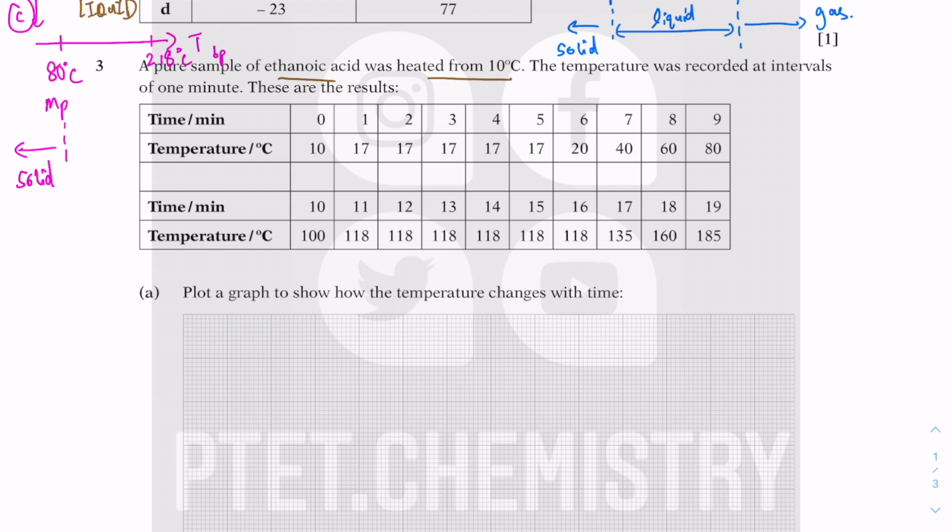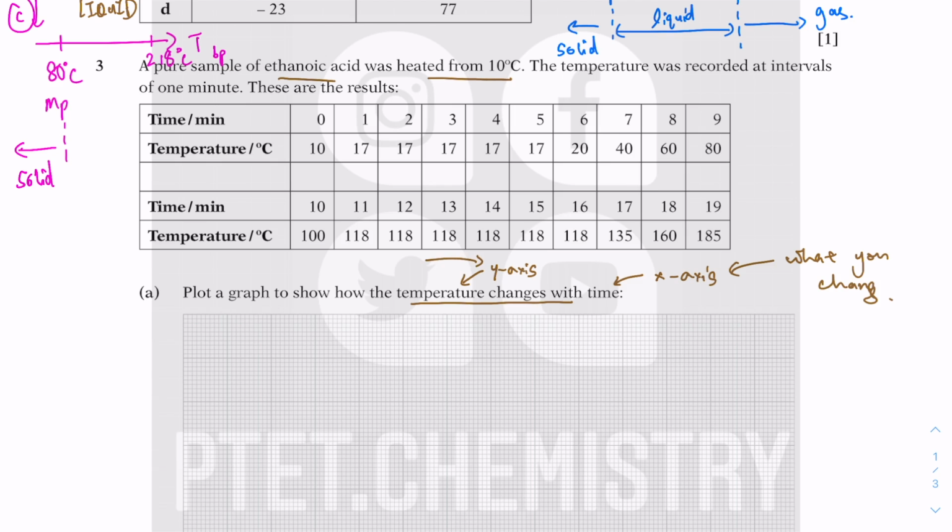If you are asked to plot a graph to show how temperature changes with time, this is your y-axis, because it shows how the y-axis changes with the x-axis, right? As the x-axis changes, this is the value that you are reading. As time passes, every minute you will record the temperature. So the x-axis is what you change, and the y-axis is what you measure.